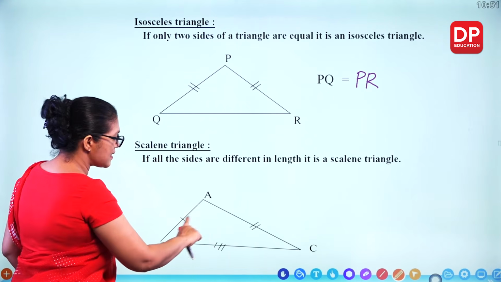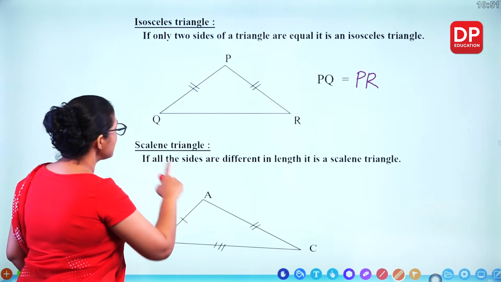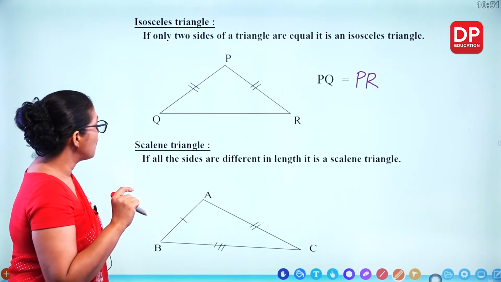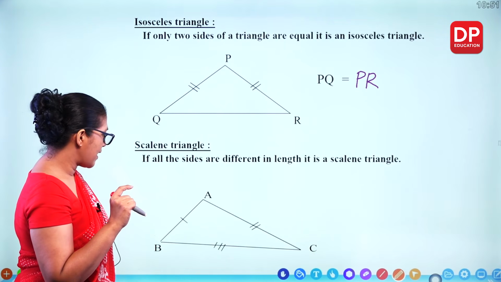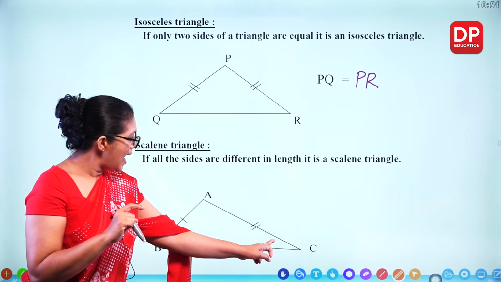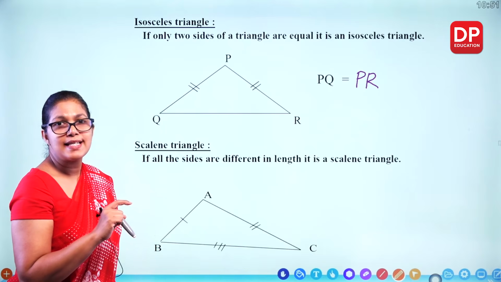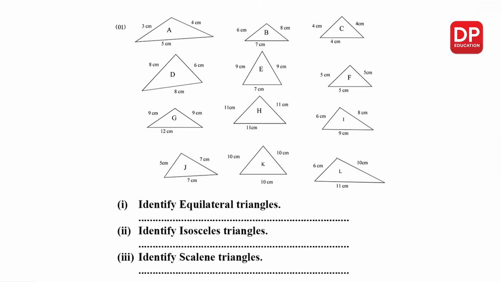When all sides are different lengths, you say that's a scalene triangle. If all the sides are different in length, it is a scalene triangle. So AB is not the same as BC, and this is not the same as AC. Totally different lengths.